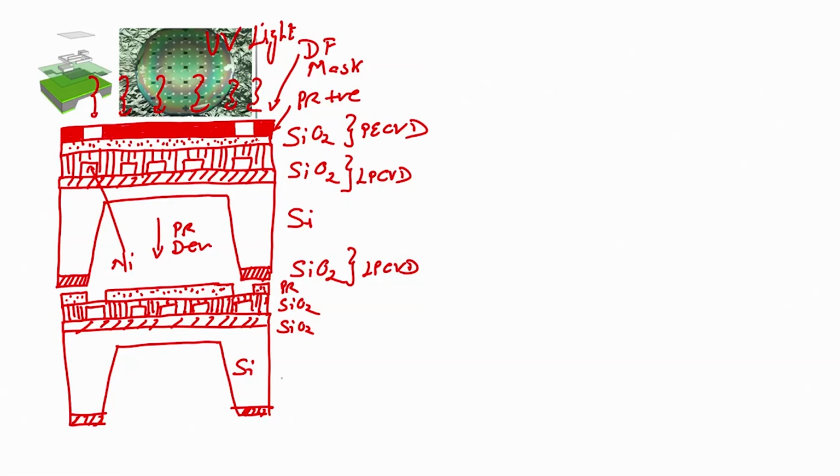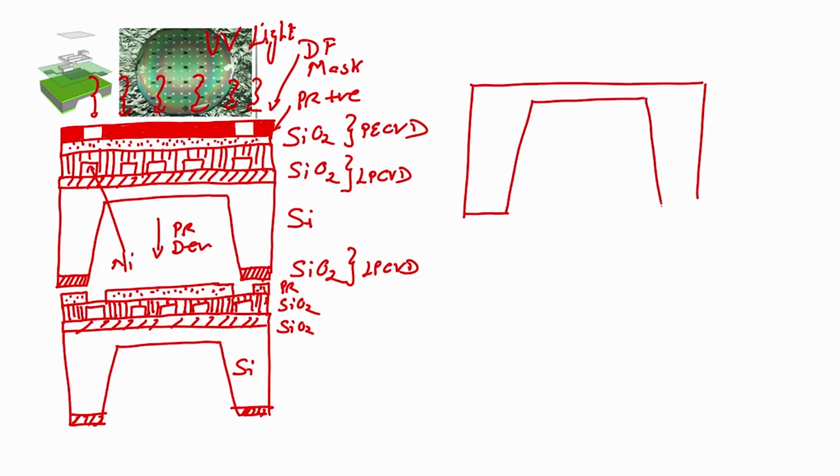So, the next step would be hard bake, and then we have to etch silicon dioxide. We will dip the wafer in silicon dioxide etchant, and you guys know what silicon dioxide etchant is? Silicon dioxide etchant is buffered hydrofluoric acid, which is BHF, right, BHF.